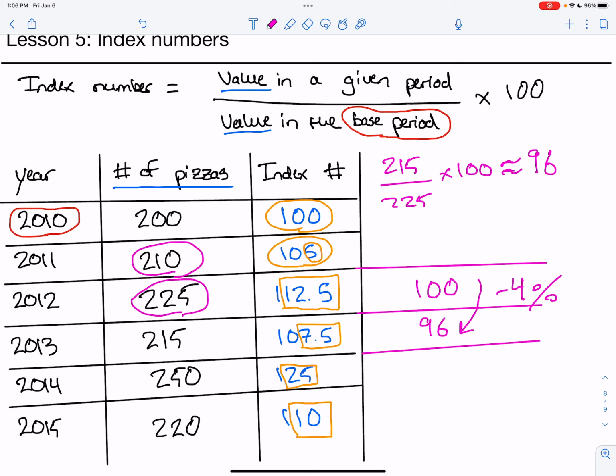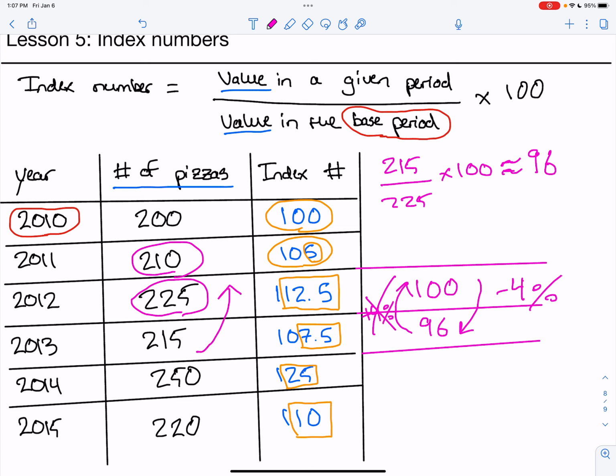Now, can we therefore conclude that in 2012, there were 4% more pizzas than in 2013? No, because there was an increase of 10 pizzas, right?